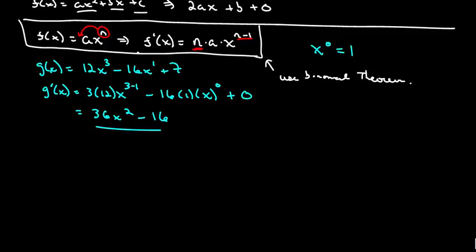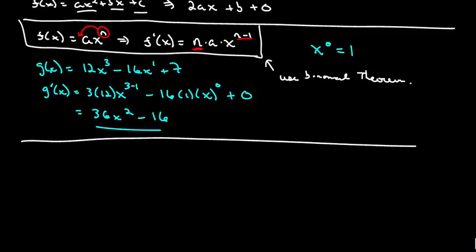But the thing that you want to get out of this is that if you have a polynomial, I'll give you one more. Let's say we have h of x, and that's equal to 3x to the fourth minus 7x to the third plus 4x squared minus 6x plus 10.